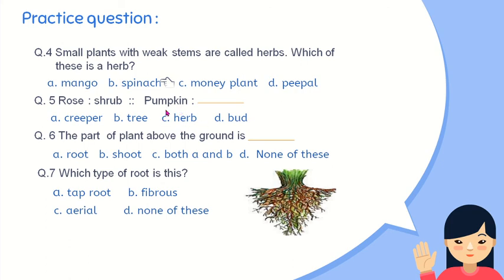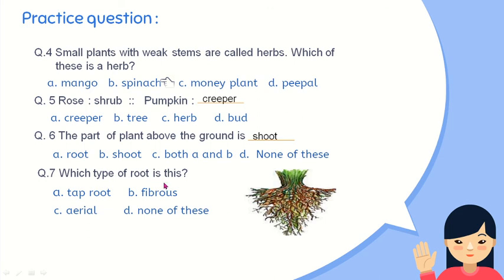It will be creeper. The part of a plant above the ground is called root, shoot, both A and B, or none of these. So the answer will be shoot. The above ground part of a plant is shoot, the below ground part of a plant is root.